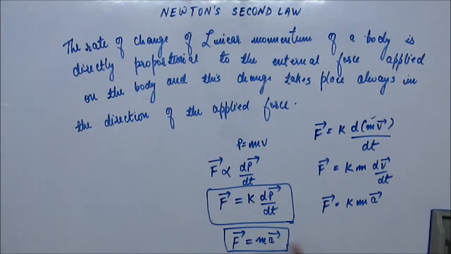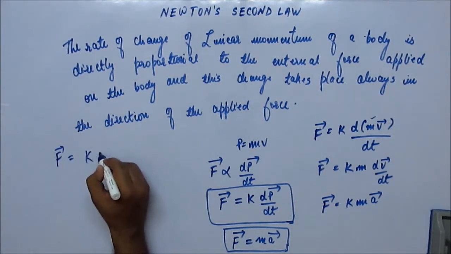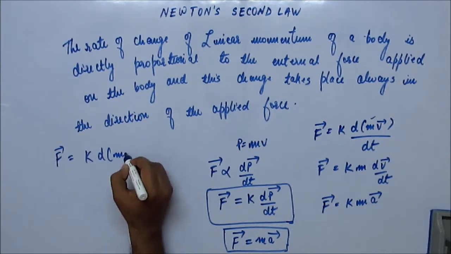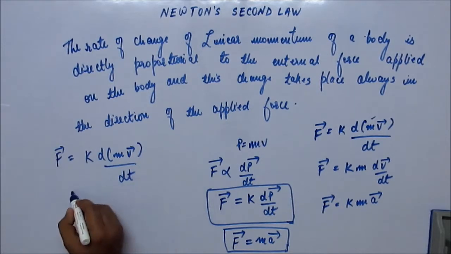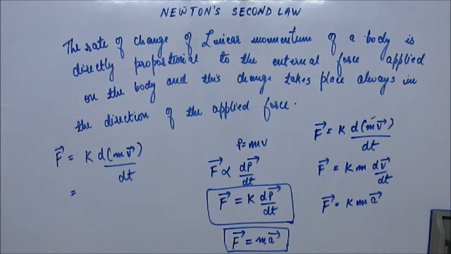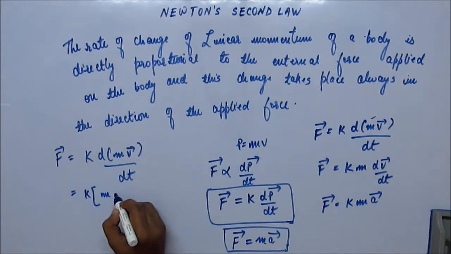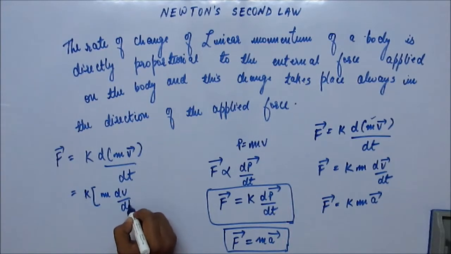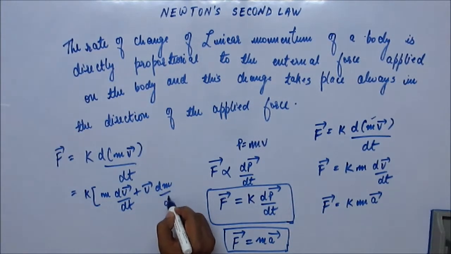And just to give you a little bit of insight right now, what would be happening there is that in this differentiation both the terms are variable. So you have to use the product rule of differentiation. You differentiate like this: keeping mass out of differentiation, you differentiate velocity, and then keeping velocity out of differentiation, you differentiate mass.